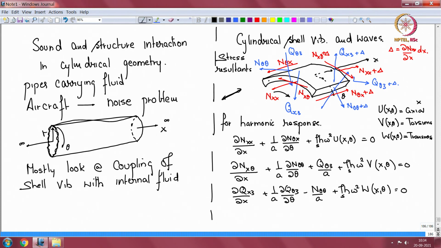This is in the x direction, this is the theta direction. We can make this the z direction.